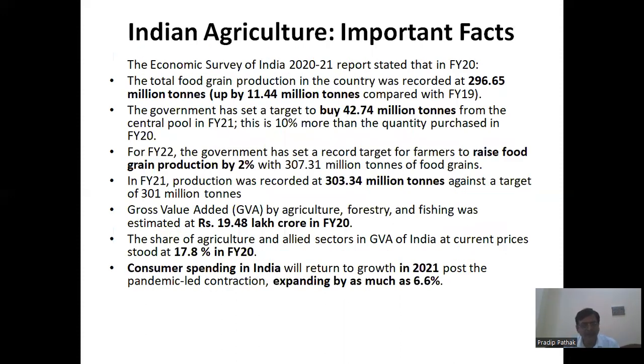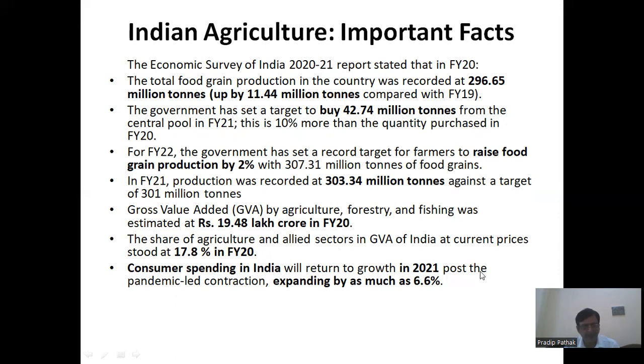Some of the important facts you can see in terms of the government records. These are some of the facts. If you want, you can just make a note of it. The total food grain production in the country was recorded at 296.65 million tons in financial year 20, compared to financial year 19. Similarly, these are the data which you can look into, like gross value added by agriculture, forestry, and fishing was estimated at 19.48 lakh crores in financial year 20.